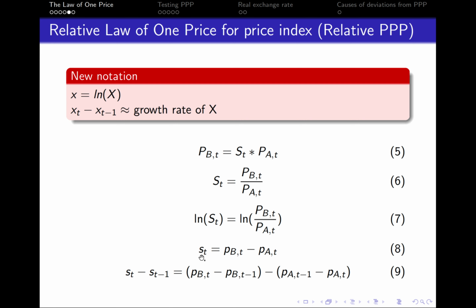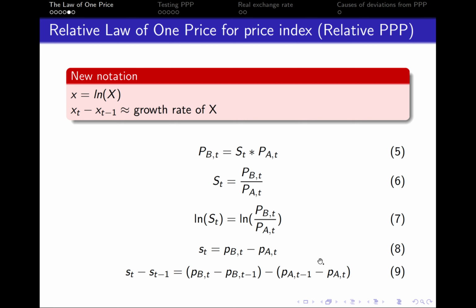And look, I could again write the same equation, just putting t minus 1 over here, t minus 1 over here, t minus 1 over here. And then I could subtract the second equation from the first one, and this is what I would get. Look, what do we see here? The growth rate of the exchange rate is equal to the difference between inflation in Britain and inflation in the United States.